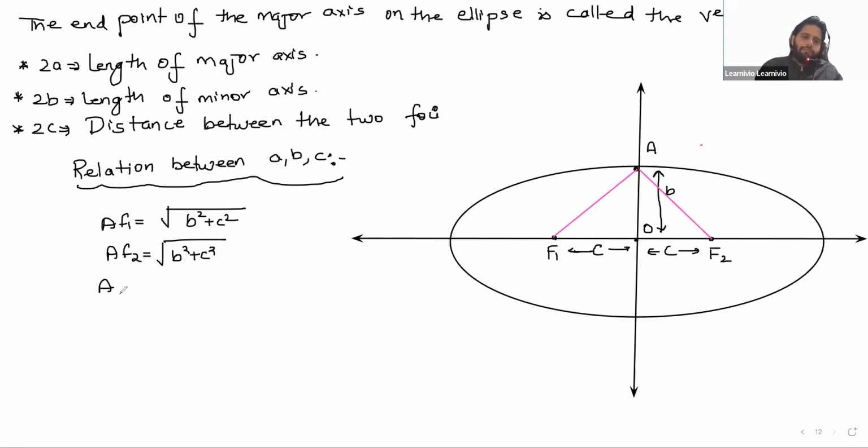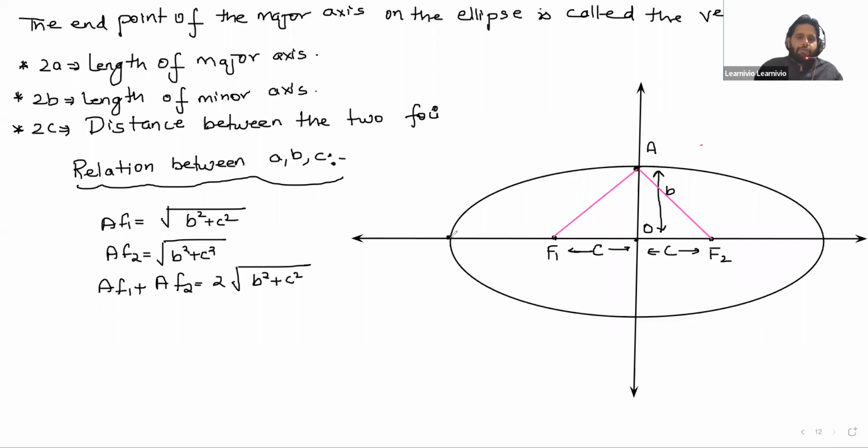Can we say that AF1 plus AF2 is equal to twice of under root of B squared plus C squared? This is a point on the ellipse, and we have found the distance between this point and each focus.